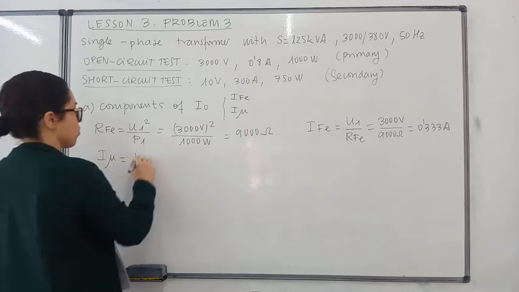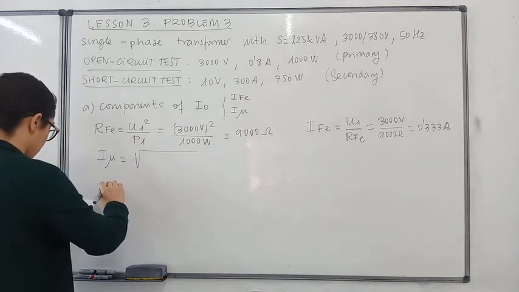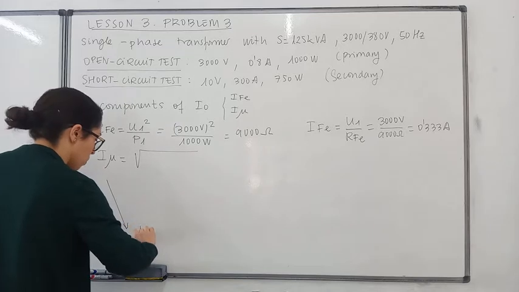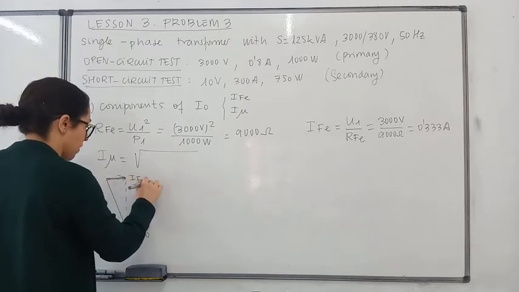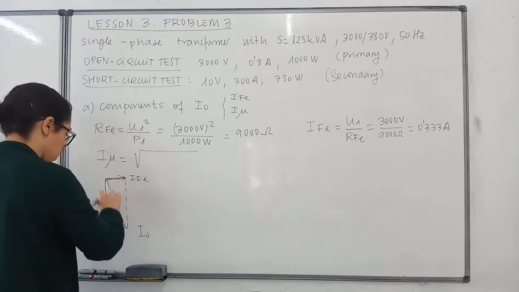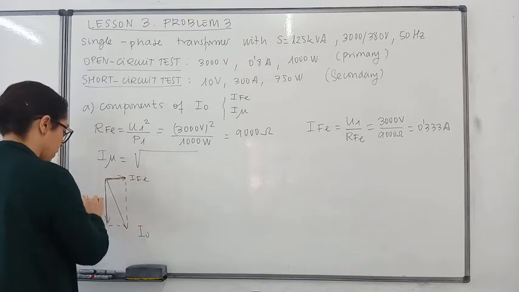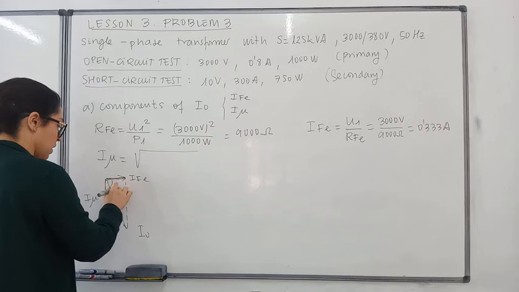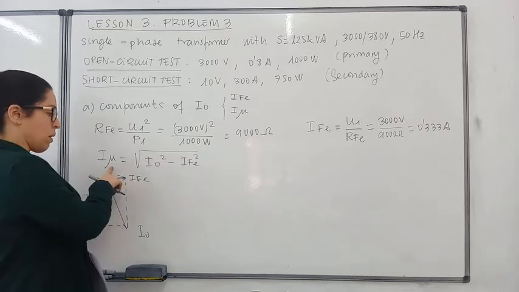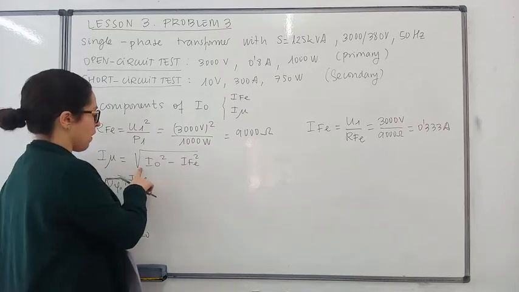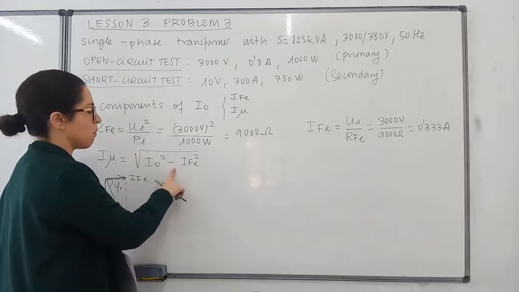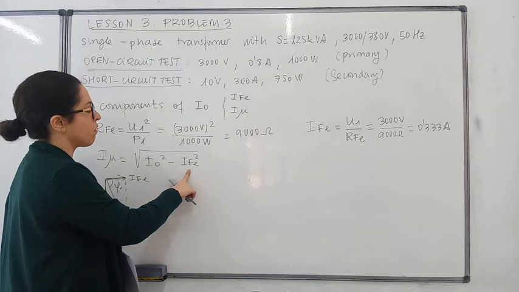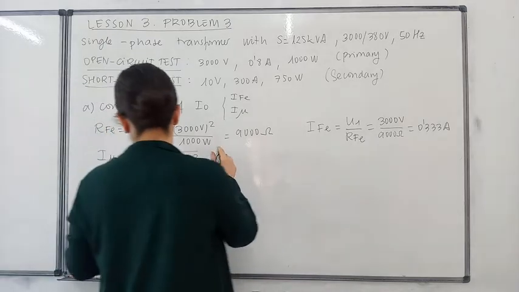If we represent the no-load current, this component is the current of iron losses, while this vertical component is the magnetizing current, and here we have the angle. So the magnetizing current will be the square root of the square of the no-load current minus the square of the current of iron losses.